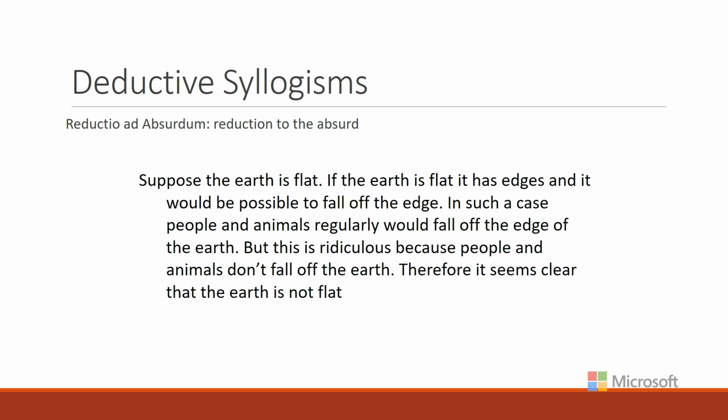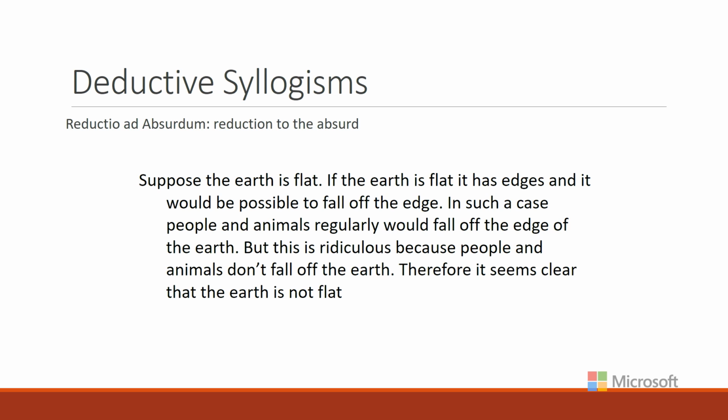It's an absurdity. So assuming the opposite of the thing you want to prove, that the Earth is round, assuming that the Earth is flat, we end up with an absurdity that animals and people are constantly falling off the Earth. That's just not true. Therefore, it seems clear that the Earth is not flat or the Earth is round. That's our original proposition that we want to prove to be true.